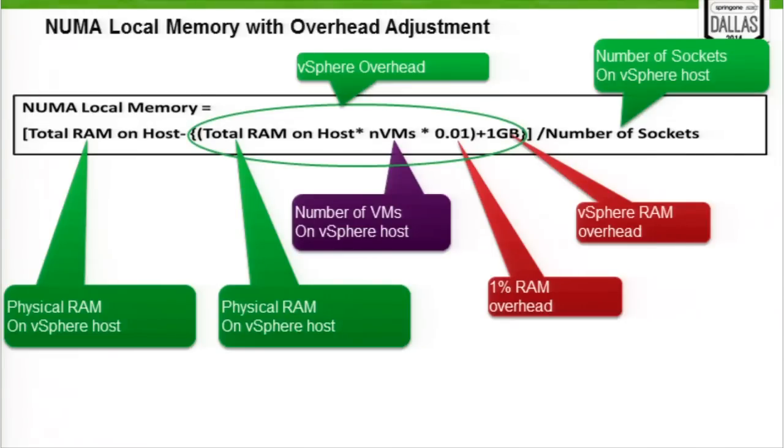If you've got a 2-socket box for in-memory databases, the best is 2 VMs, 1 VM per socket. 1 gig is the amount of memory required for vSphere, and then we divide it by the number of sockets. That's how I got that 45 gig for the previous slide, for the VM size. If I size to that, this is the most performant configuration.